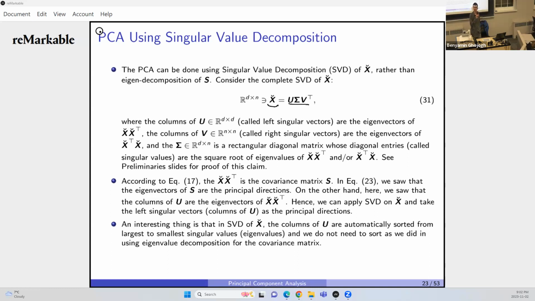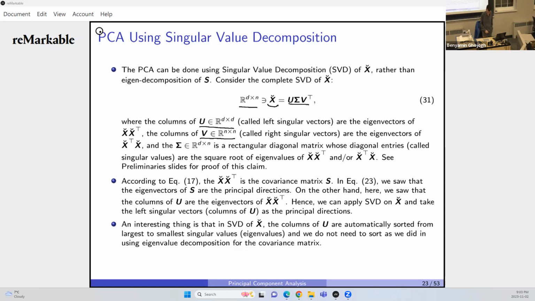You will have U sigma V transpose, where U has the left singular vectors, D by D, of X breve, V are the right singular vectors, and sigma are the singular values.